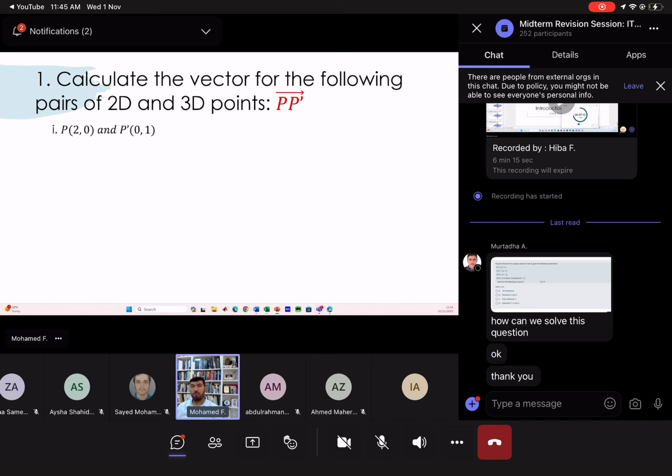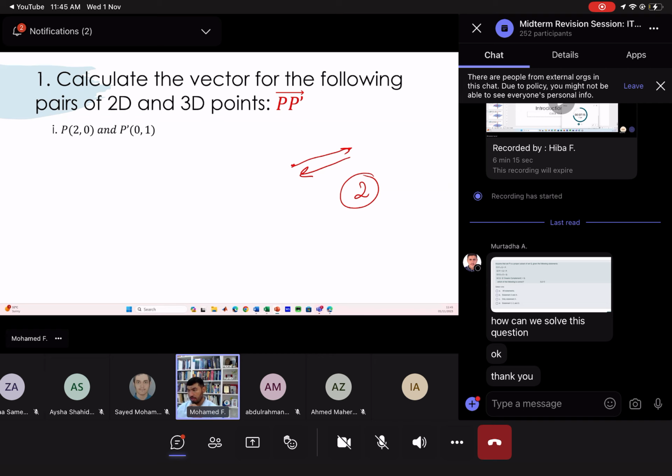Okay, so now we'll move to look at vectors. With vectors, we are going to look at 4 or 5 things. The first thing is that he's going to give us 2 points, and he wants us to find the vector. The second thing is that he wants us to find the opposite of it.